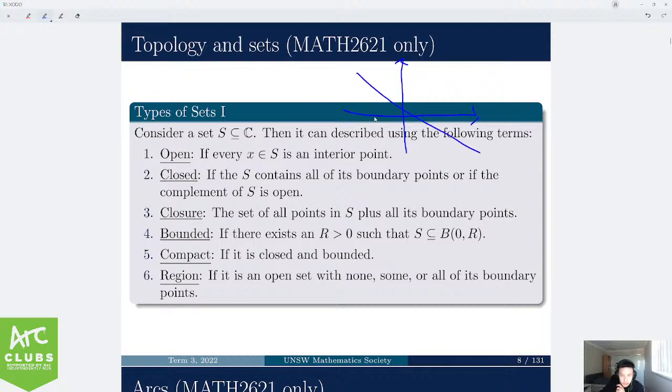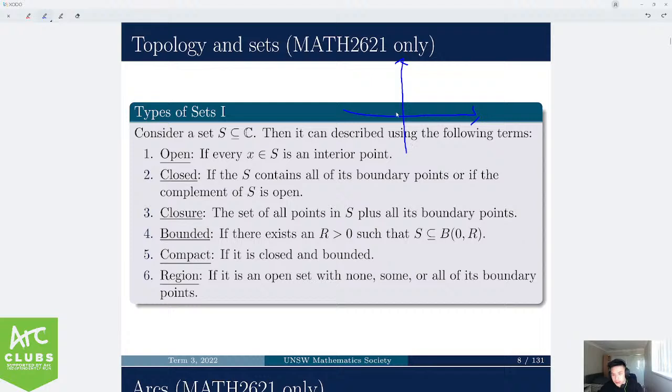A line, we can't represent that as an open set plus some, none, or all of its boundary points. And the second case we want to exclude is just points. Again, a point, you can't represent it as an open set with some, none, or all of its boundary points, and hence is not a region.